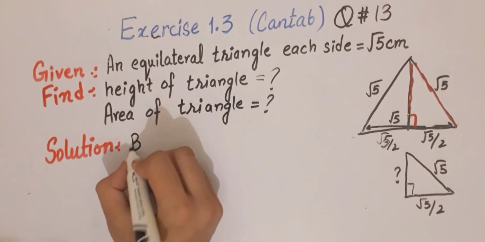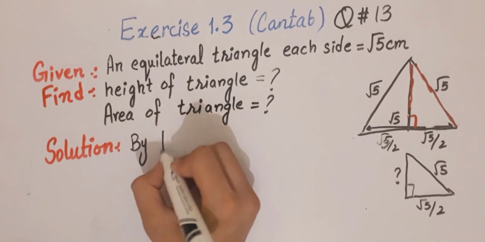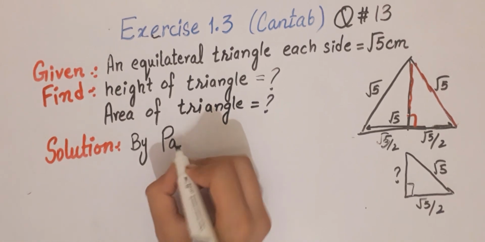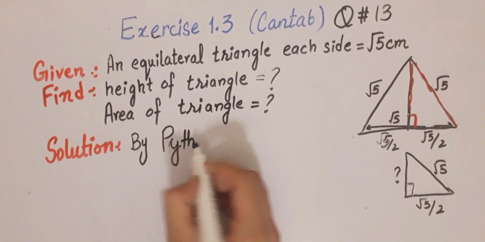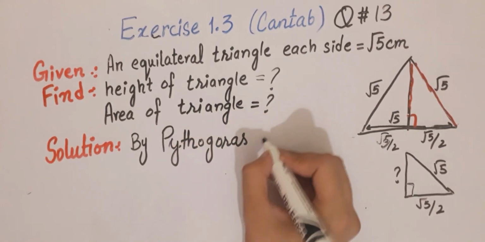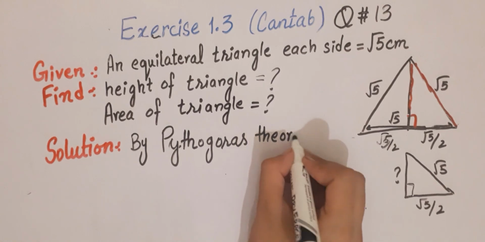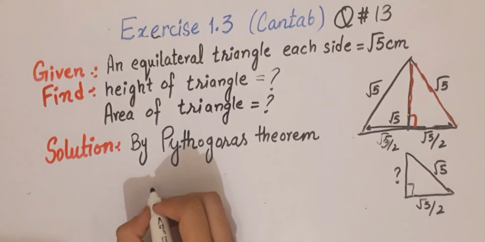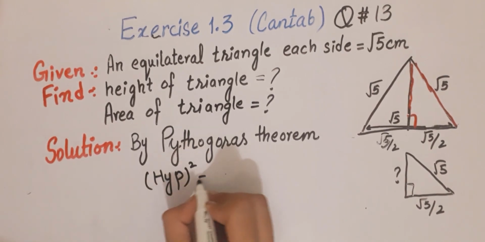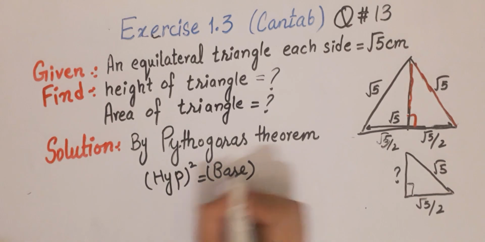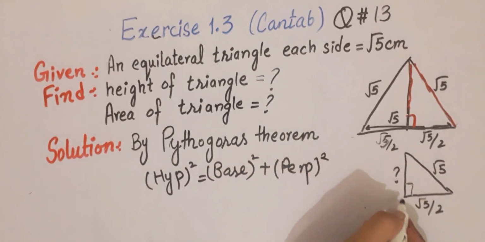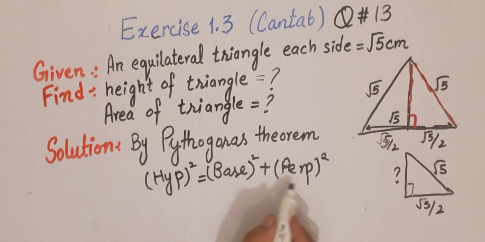So by Pythagoras theorem, we have hypotenuse square is equal to base square plus perpendicular square. Perpendicular is the height. So we have to find perpendicular.